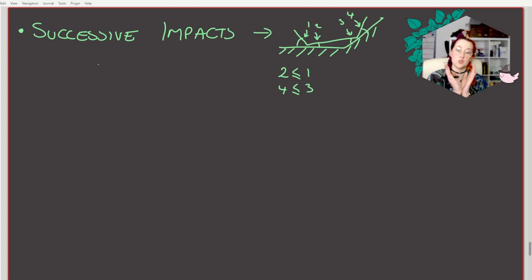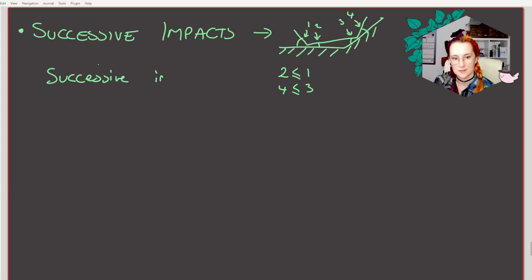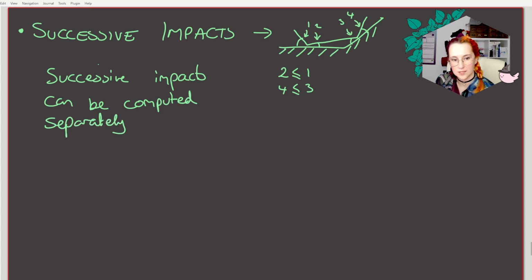Now, the angle between 2 and 3 is dependent on how those walls are next to each other, but you're going to potentially lose some angle between them. But successive impacts can be computed separately by resetting the frame of reference, basically.